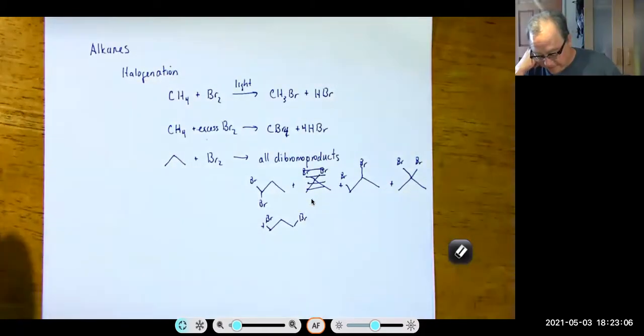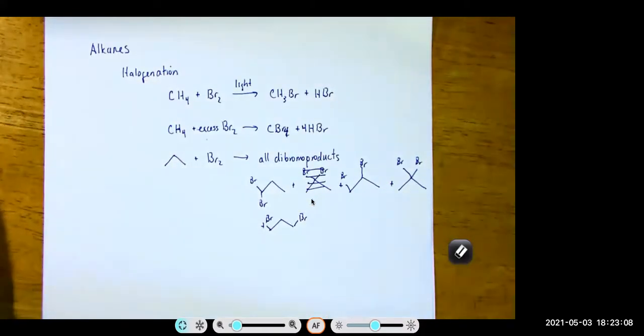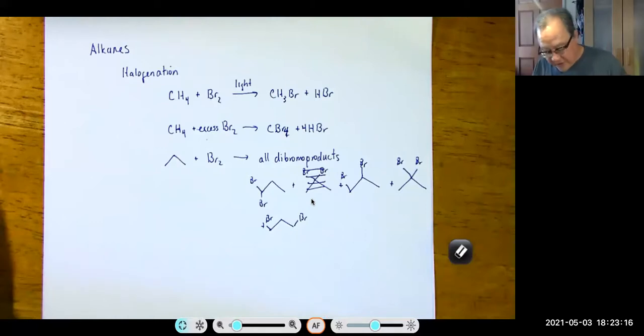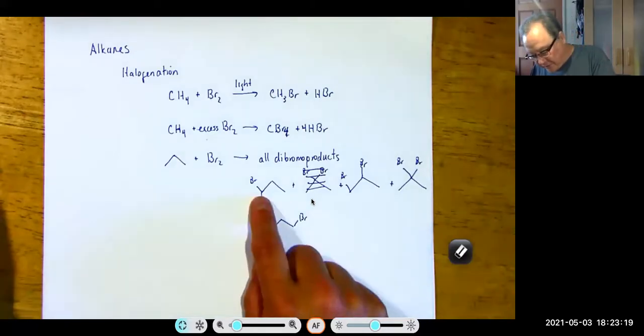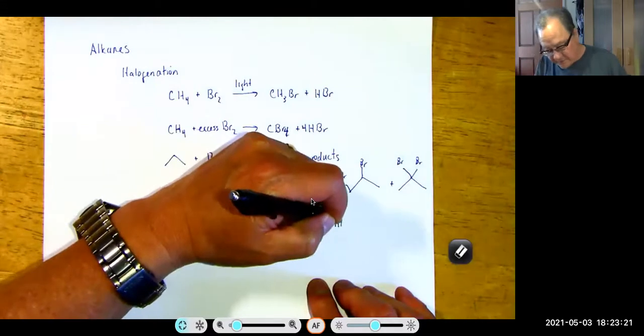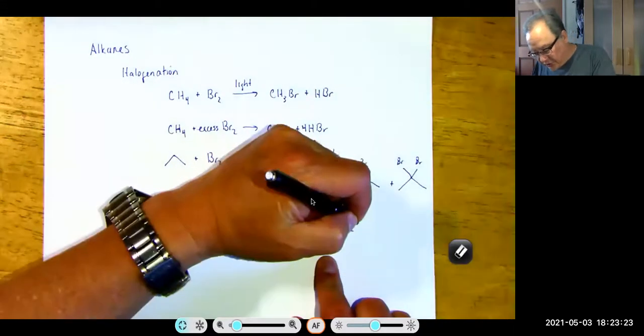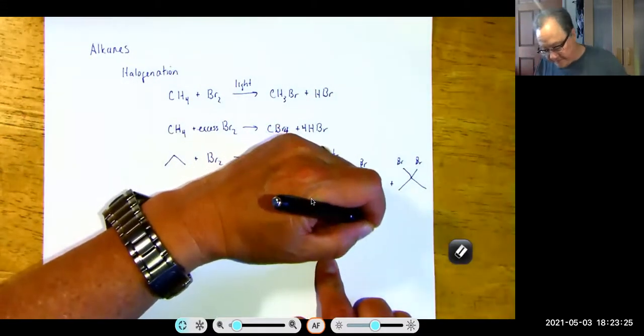They're the same. Is this CH3Br, CH2Br2, CHBr3, and CBr4? This one here would be CHBr2, CH2, CH3.